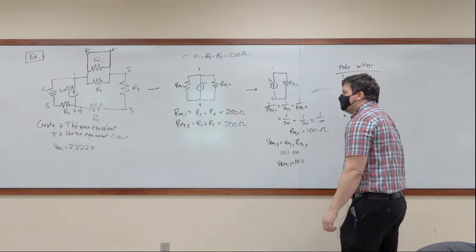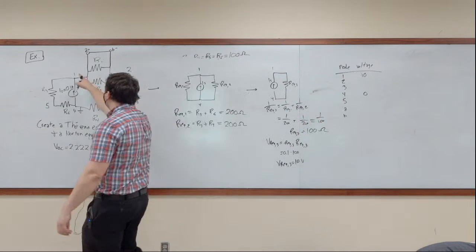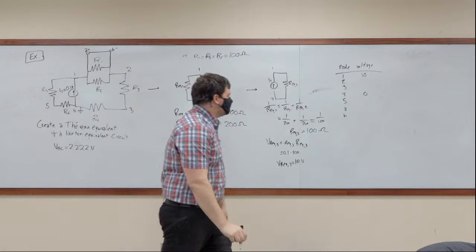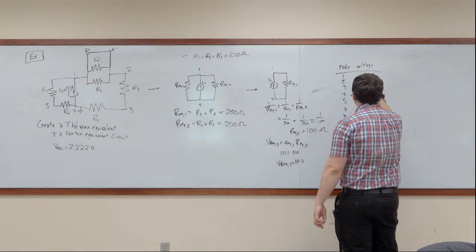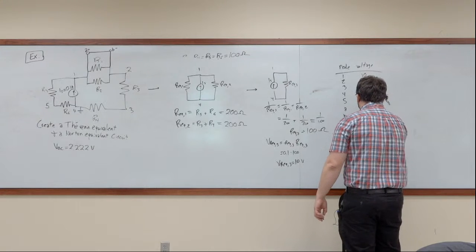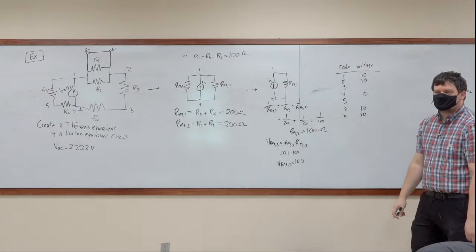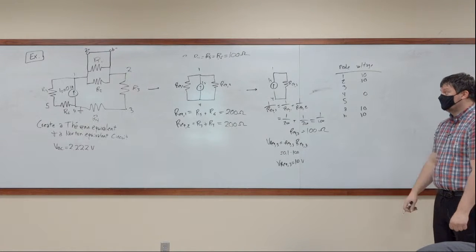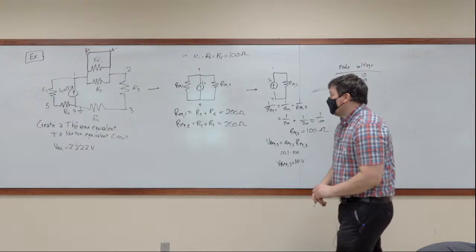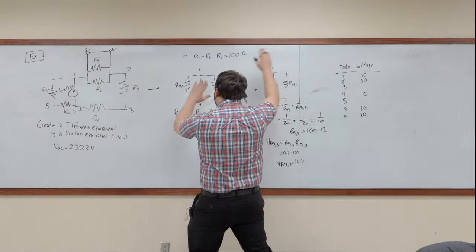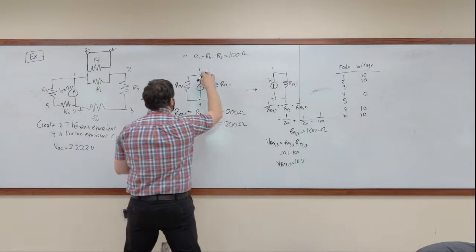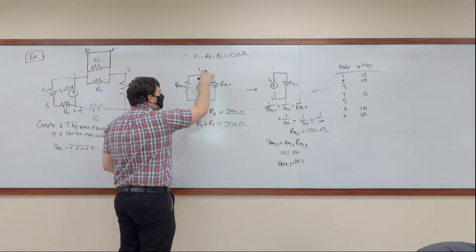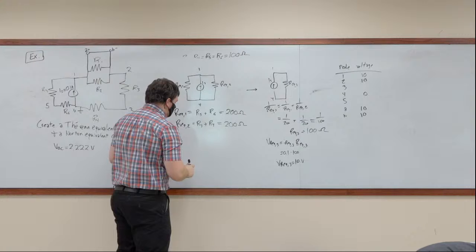Now I also know that node 1 and 2 are already connected, which means I know a whole lot more voltage than I thought I did. Now, I'm going to step back, and I've got the voltage between 1 and 4, and I am trying to figure out the current only in this loop, okay?